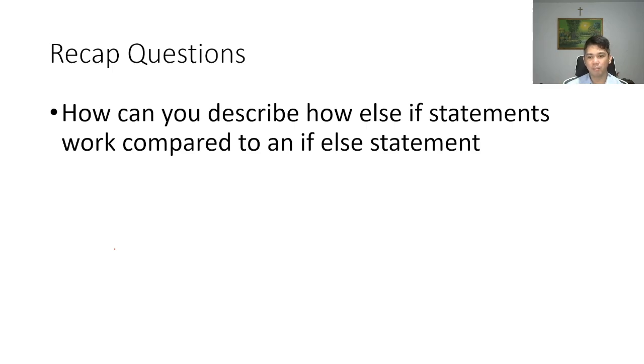So if-else statements provide 2 options. One for the block of the if, one for the block of else, depending on the condition. Again, if the condition is true, we perform the if. If the condition is false, we perform the else statement. Now, an else-if statement adds a third option, a third or more options compared to the if and else.